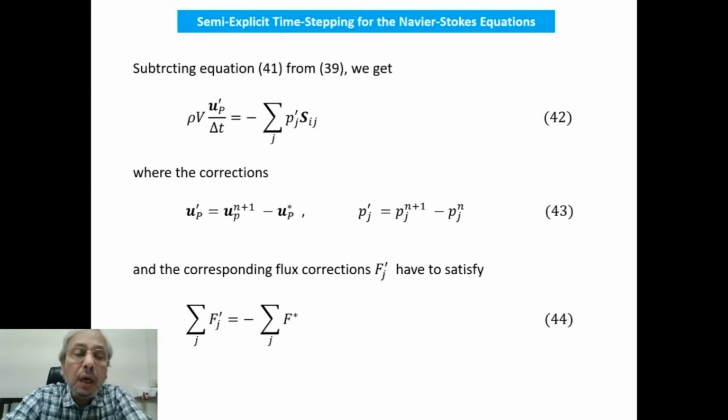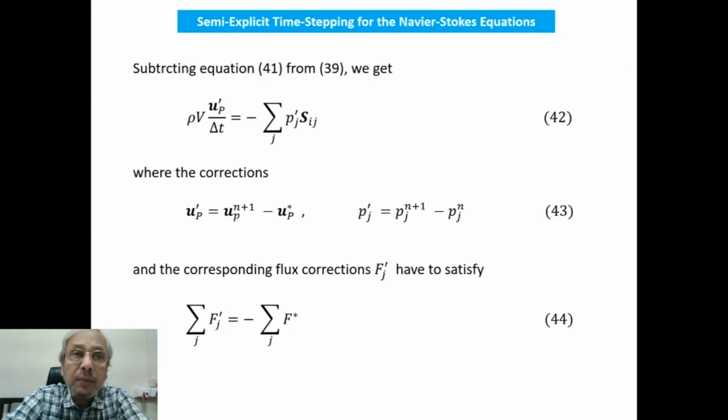If we recall, in the last class we discussed equation 42. Equation 42 is basically the outcome of equations 41 and 39. 39 and 41 both are momentum equations.